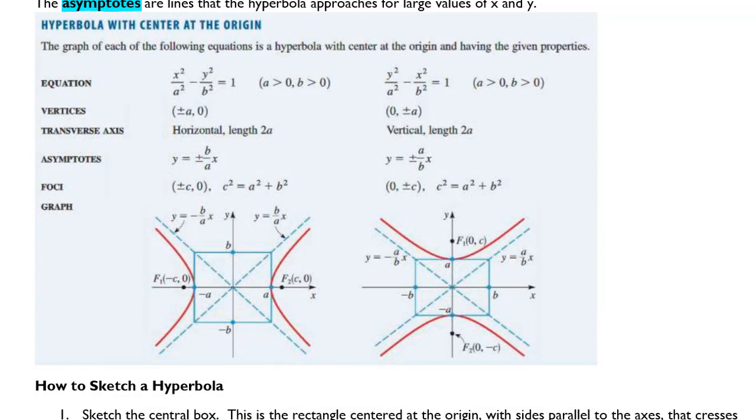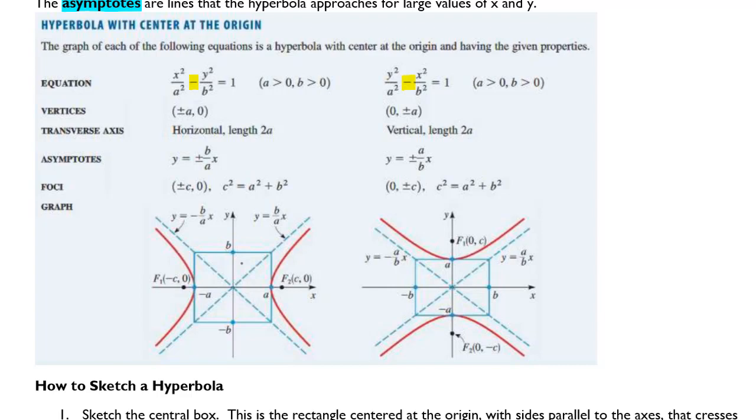So the hyperbola with center at the origin has a form very similar to the ellipse, but notice since it's a difference instead of a sum, your information here is almost the same, but now the fractions with the squares in the denominator have a minus sign in between them instead of a plus sign. We still have vertices.